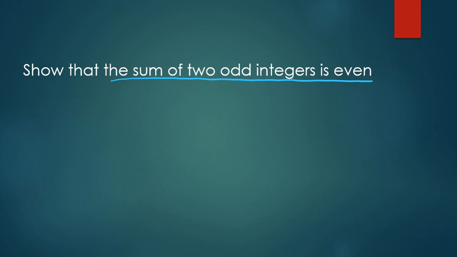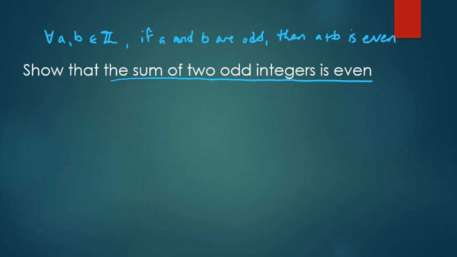So in a more logical form, as a quantified statement, we can say that for all a and b in the set of integers Z, if a and b are odd, then a plus b is even.